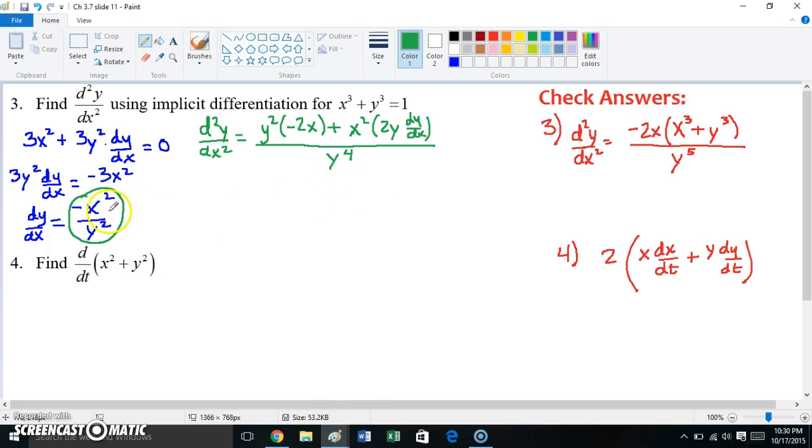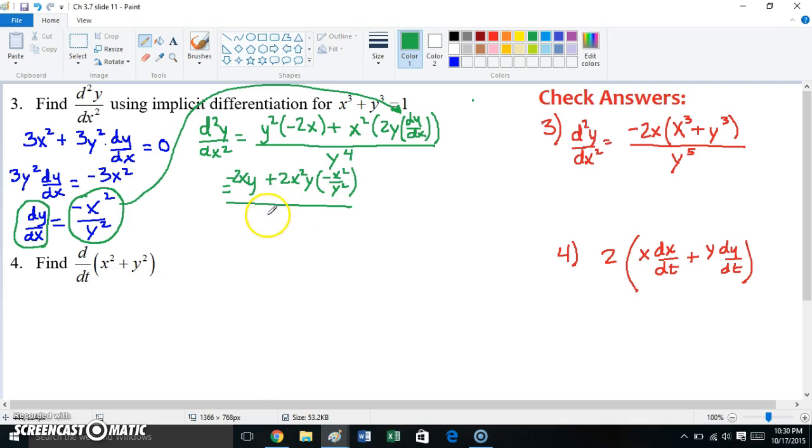Okay, what we're going to do is we're going to substitute negative x squared over y squared in for the dy dx here. Okay, so here we go. Let's simplify a little bit. Negative 2xy plus 2x squared y times dy dx, which is negative x squared over y squared, divided by y to the fourth.